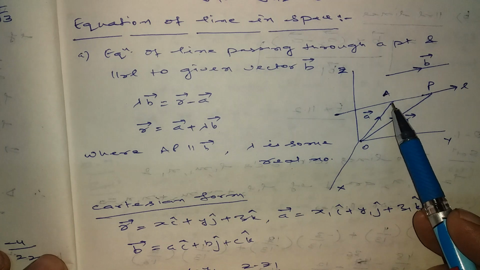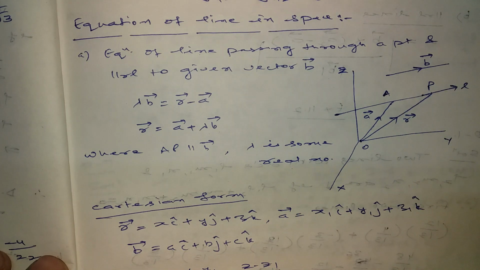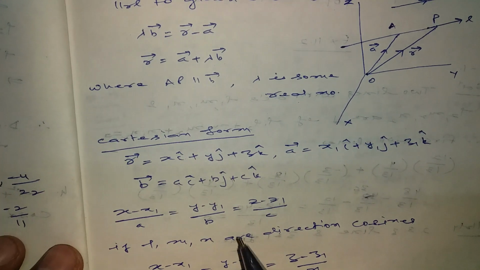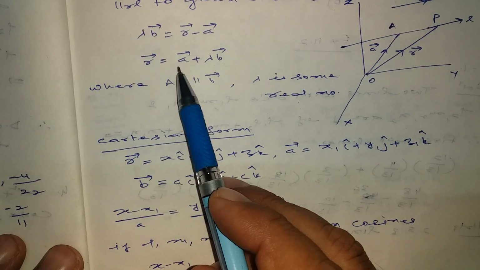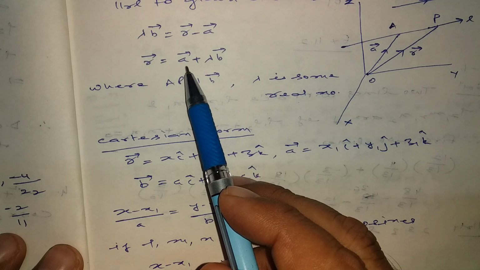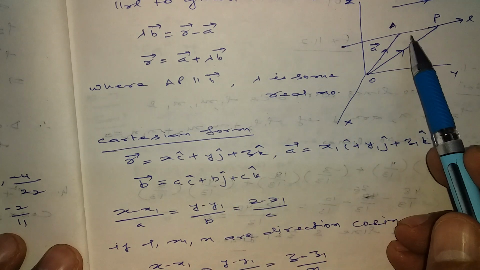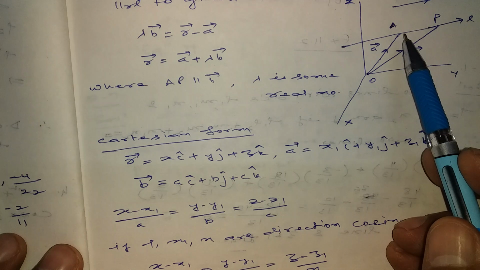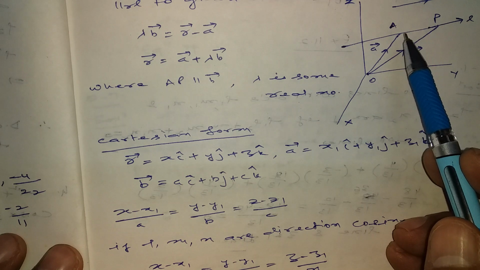We are given that AP is parallel to b. This is the vector form: r vector is a plus lambda b, where a is the position vector of a given point and r is the position vector of any arbitrary point P.